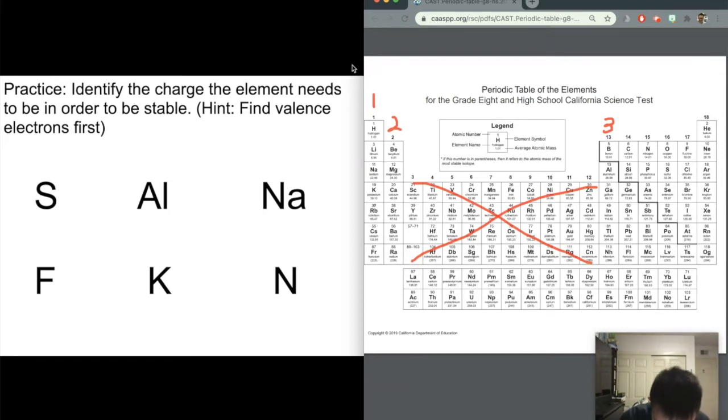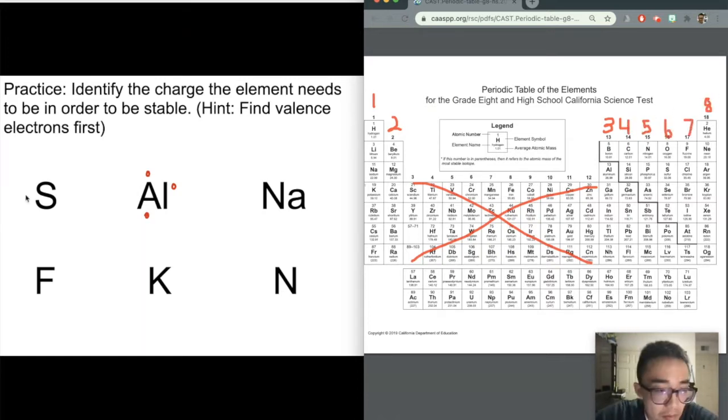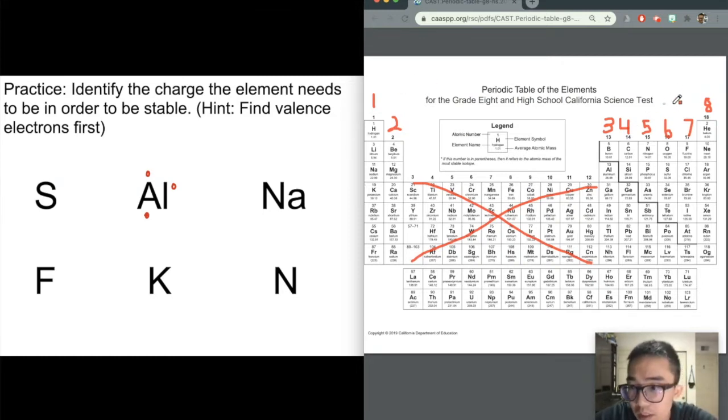So I'm going to put 1 on each side here. Okay. And then so on. So all of these elements right here have 4 and so on. Let's do another one for sulfur. If I look at sulfur, it's going to be group 6 right here. So it's going to be 6 valence electrons.